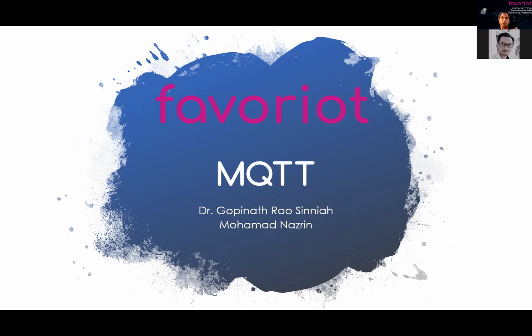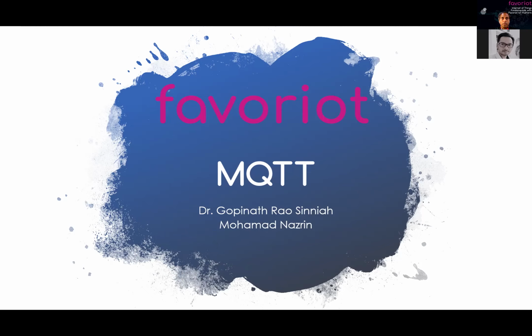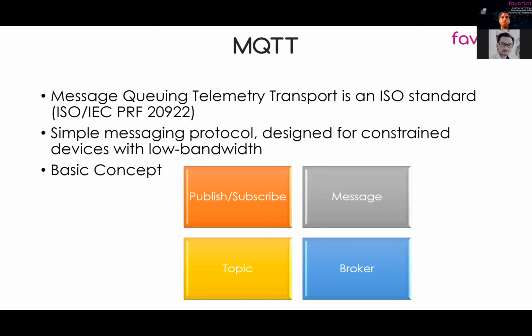Now, before we move on to the hands-on, let me explain a bit about MQTT. MQTT is similar to CoAP in terms of the purpose. If you understand, the REST communication uses a lot of memory to code and send the data.